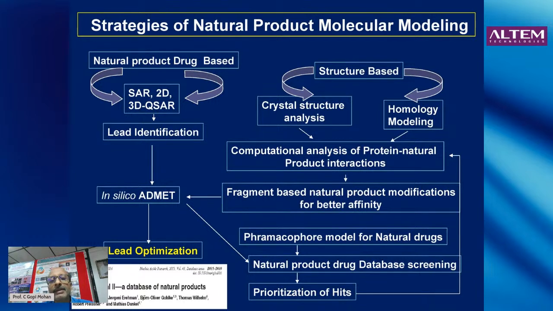Another is structure based, where we take the protein target into account in the molecular modeling. The natural product derived approach has structure activity relationships, which can be 2D, 3D, or 4D, different dimensional QSAR, that is, quantitative structure activity relationships.